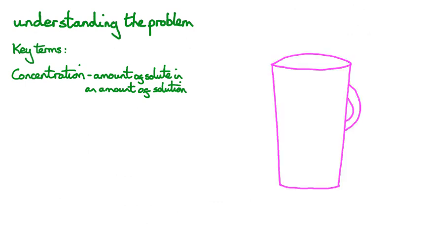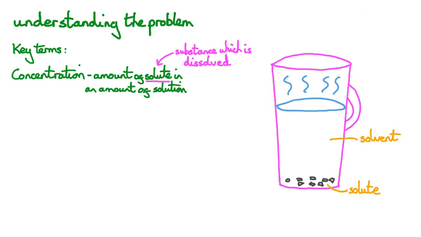The solute is the substance which you dissolve, in this case, instant coffee. The solvent is then the liquid which you dissolve your solute in, in this case, hot water. So the concentration of our cup of coffee is how much instant coffee or solute we've dissolved into our whole cup of coffee, which is our solution.